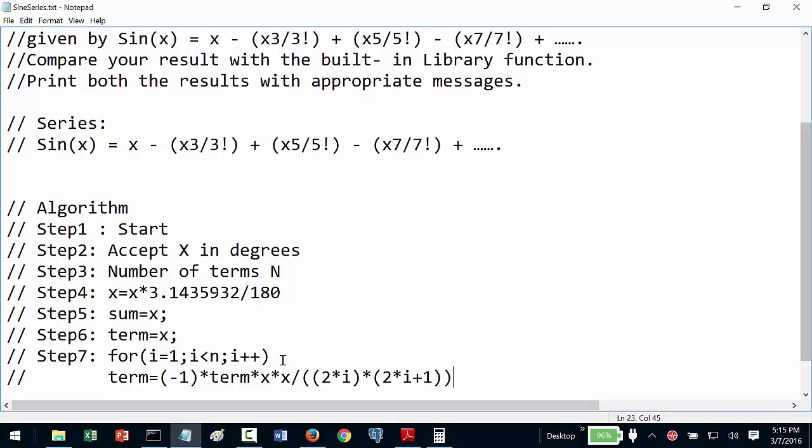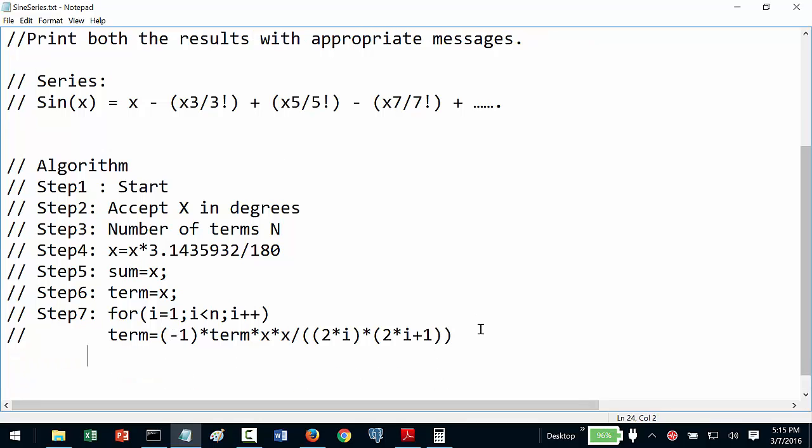This is what it is. Okay, and then my sum will be equal to sum plus term. Finished. Okay, simple algorithm. Then print sum, which is nothing but my sine series.